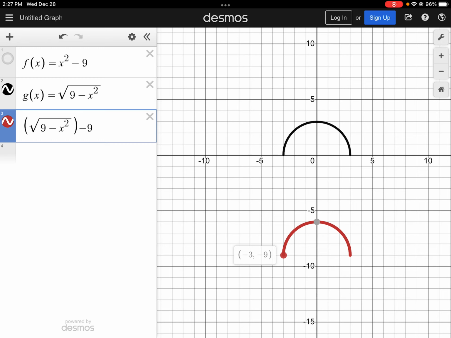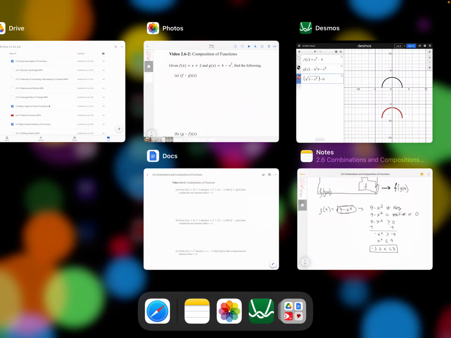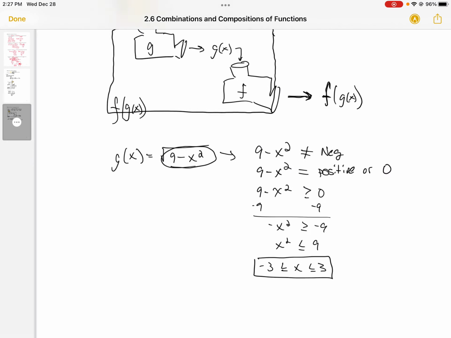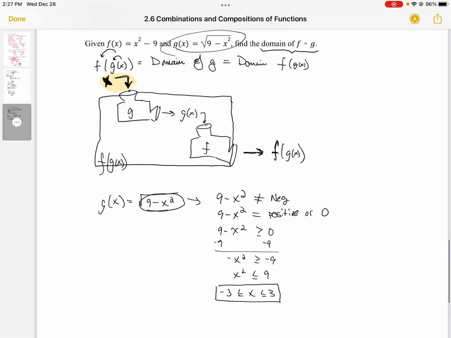And you could see that the red function goes from -3, -9 to 3, -9. Okay, so just to recap, if you want to find the domain of a composition of functions, you must find the domain of the innermost function, and that domain will be the domain of the overall composition of functions.